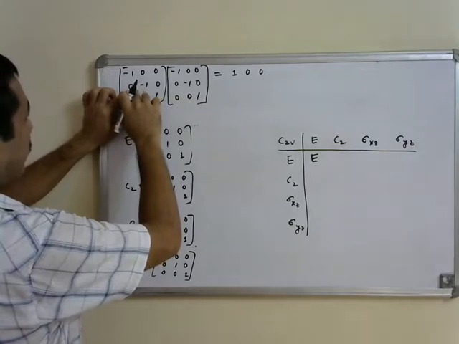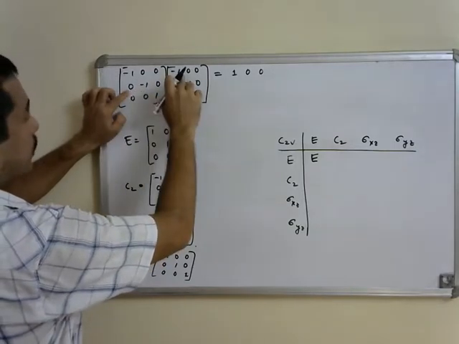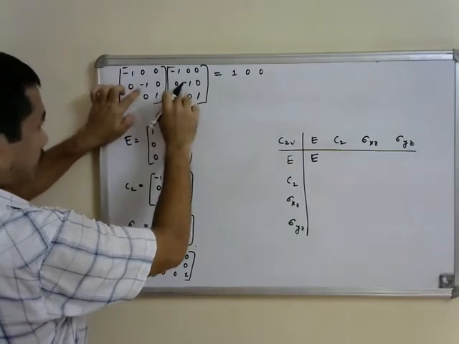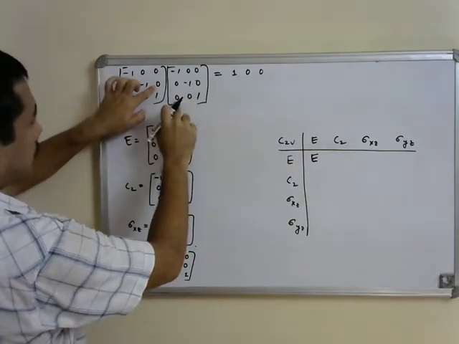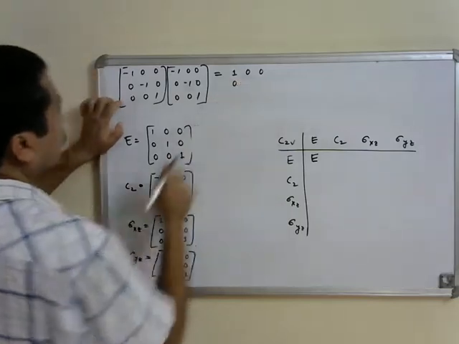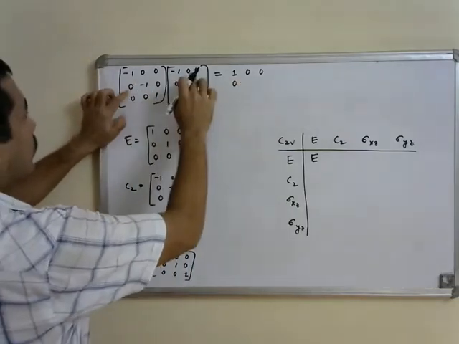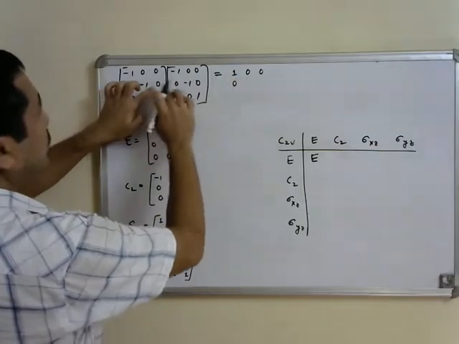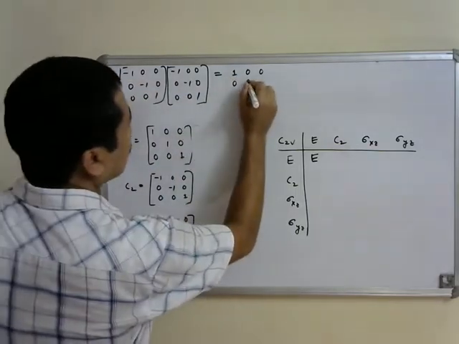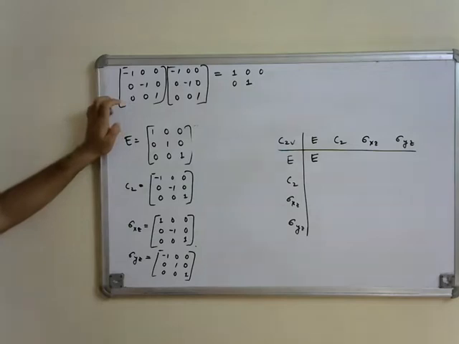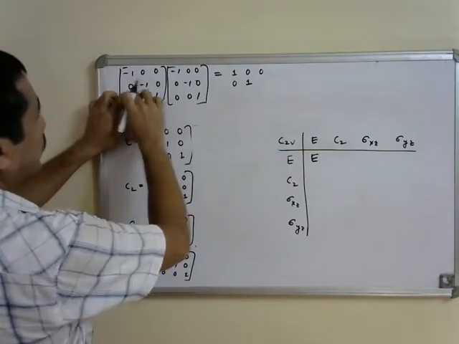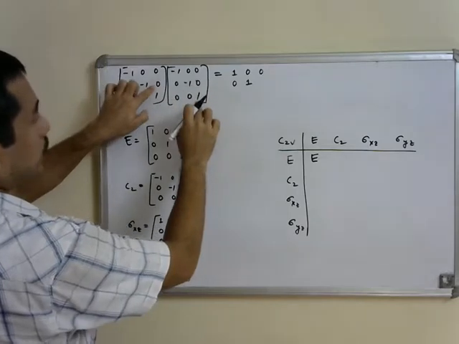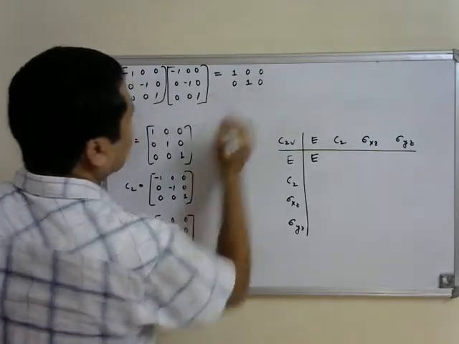Second row elements, we can find out: 0 into -1, 0 into 0, -1 into 0 is 0; then 0 into 0, 0 into 0, -1 into -1 is +1; then 0 into 0, -1 into 0, 0 into 1 is also 0.